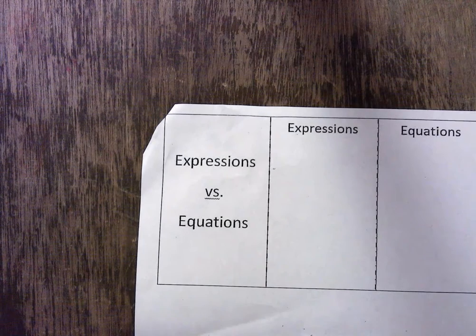And then go ahead and just cut the big rectangle. Just cut out the whole big rectangle, the one that says expressions and equations. And let's cut out the whole rectangle.